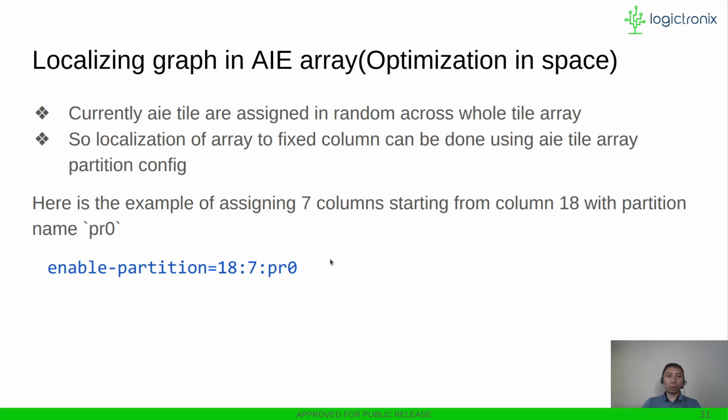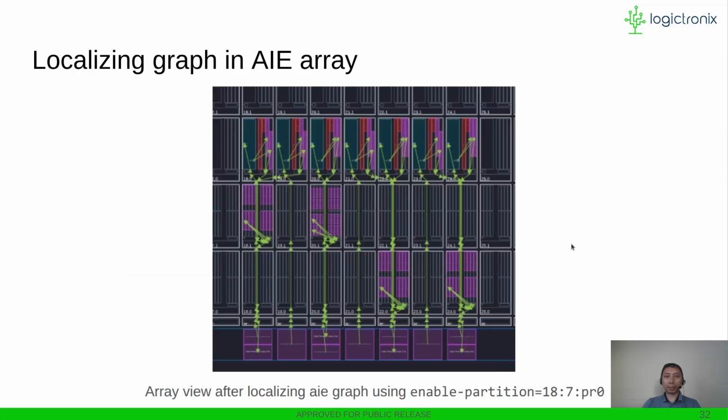So after fixing this location, our graph will be allocated in this region only. Here is the array view of the range to PCL kernel after assigning the partition. In this way, after partitioning the AI engine array into multiple partitions, we'll be able to run multiple graphs in the AI engine array.